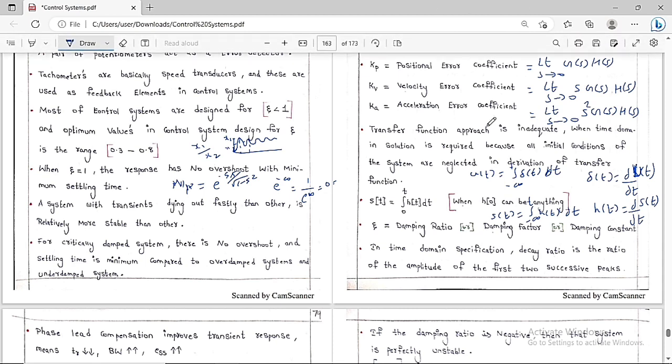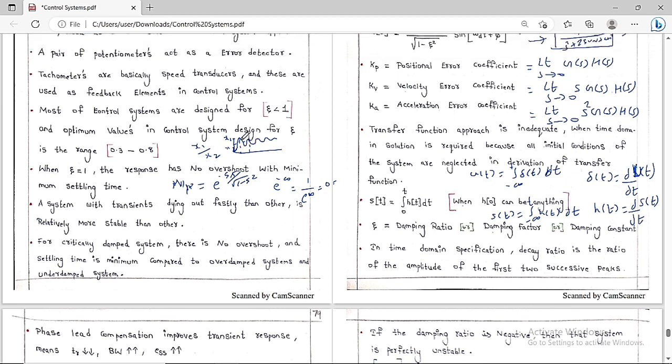If you see the graph, you are going to get the output in this manner. This is the first overshoot and this is the first undershoot, and this is the second overshoot. So x1 is the peak of the first overshoot and x2 is the peak of the second overshoot. First overshoot, first undershoot, second overshoot, second undershoot, and it goes on.